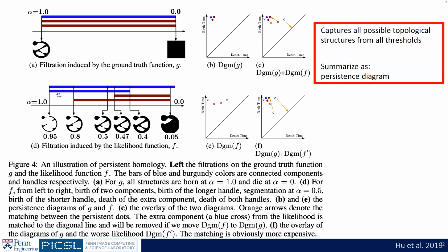And I keep track of the time. Time is just a number here, but when it is happening in this process, at what alpha value it is happening. So at alpha 1, there is always one connected component for sure.